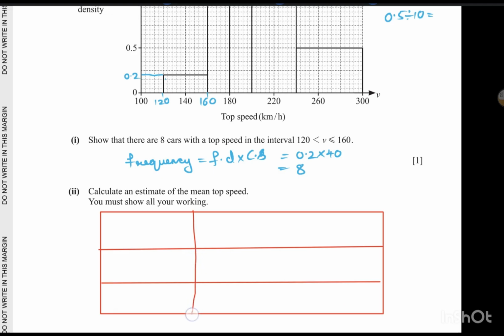Let me write here class, or you can also write top speed here and write the classes. So top speed in kilometers per hour, then frequency, then mid value.